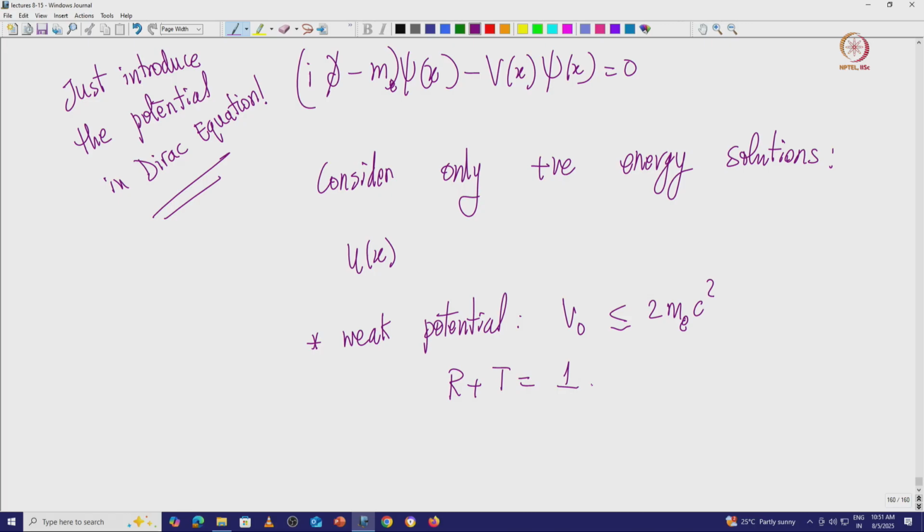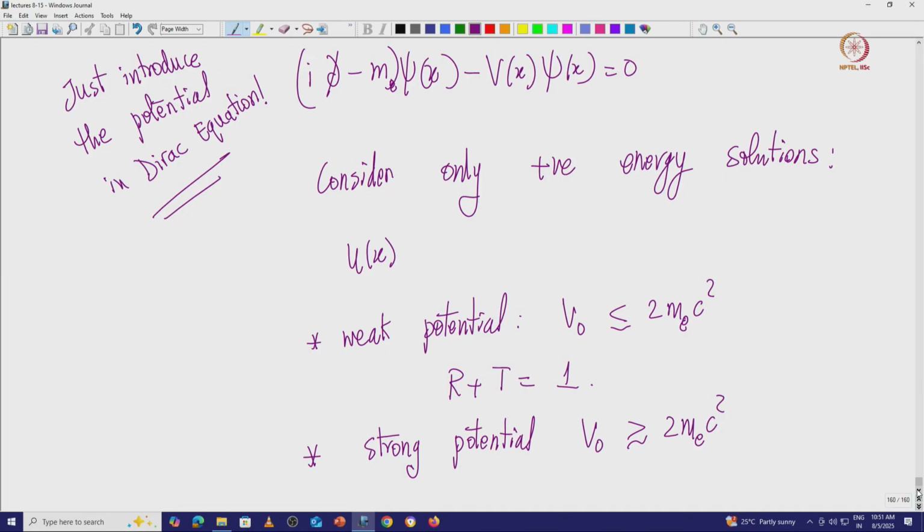This is satisfied. But in the case of a strong or intermediate potential, this relation is no longer satisfied.